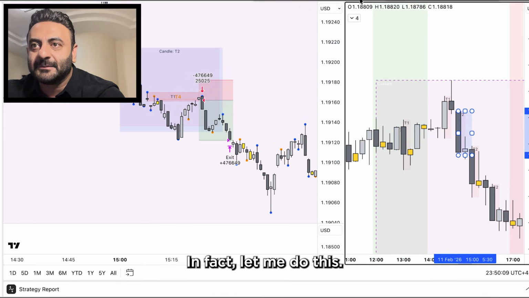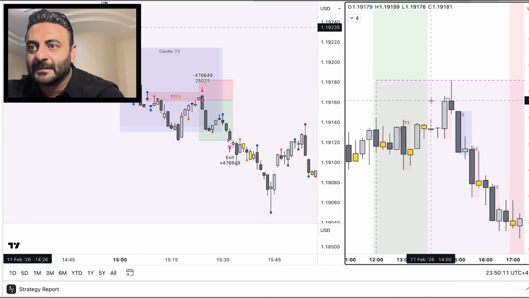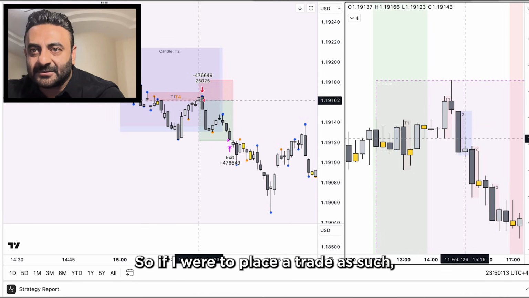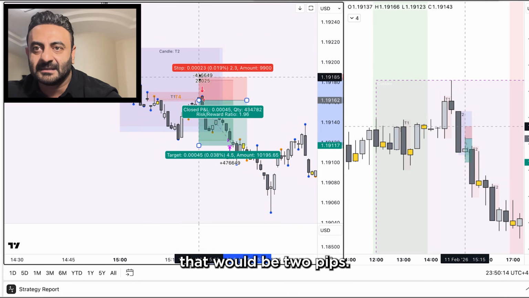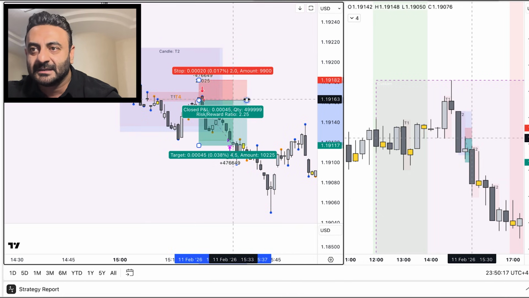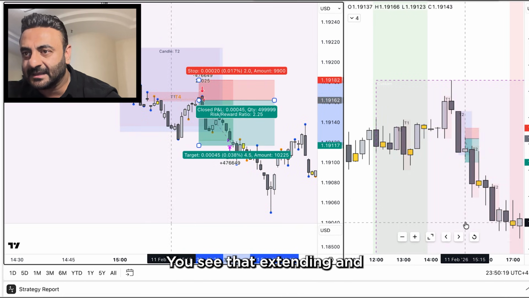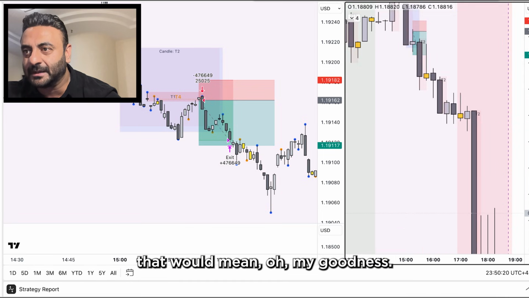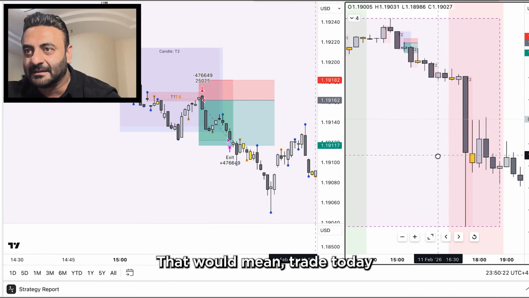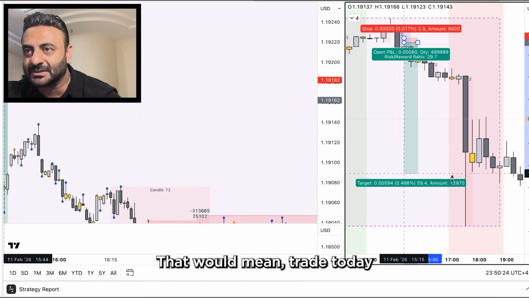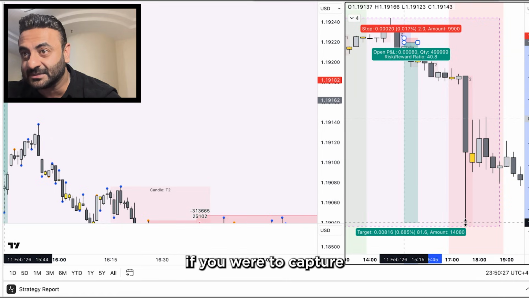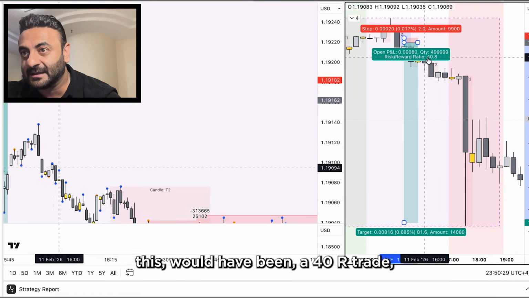In fact, let me do this. If I were to place a trade as such, that would be 2 pips. You see that extending, and that would mean, oh my goodness, a trade today, if you were to capture this, would have been a 40-hour trade.